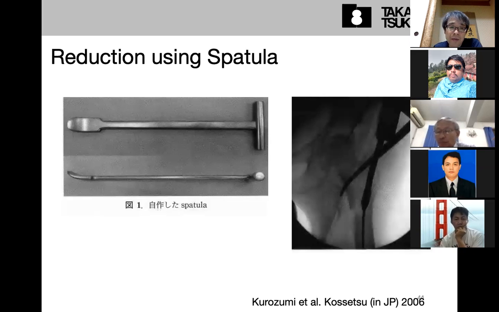At the same time, it can be inserted into the fragment to push up the proximal fragment and convert the intramedullary type to the extramedullary type. It is really interesting.